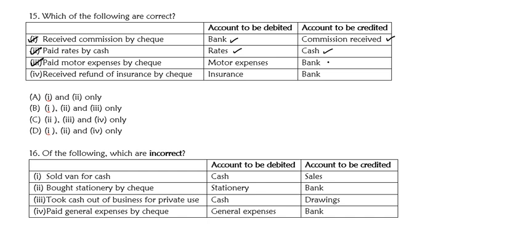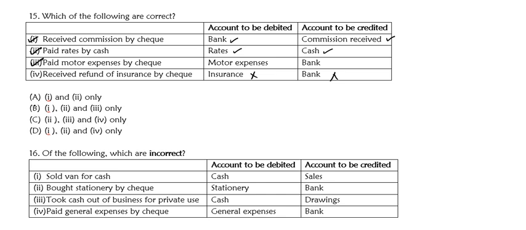Then receive the refund of insurance by check. Of course, if you're receiving a refund of insurance by check, then it should be the bank account to be debited, then you credit the insurance account. So this is wrong. So meaning that 1, 2, 3, that is B.